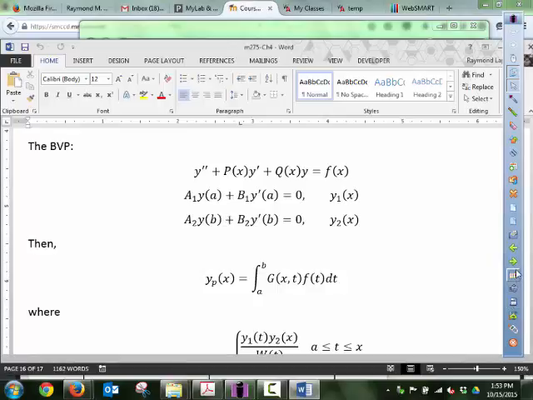So what they do there, instead of setting up your Green's function a certain way, is that they split up Green's function into being able to handle the first part of the boundary and then being able to handle the second part of the boundary. And what's going to happen is that you're going to need one of your fundamental solution functions to satisfy the first part, and then your other fundamental solution function to satisfy the second part.